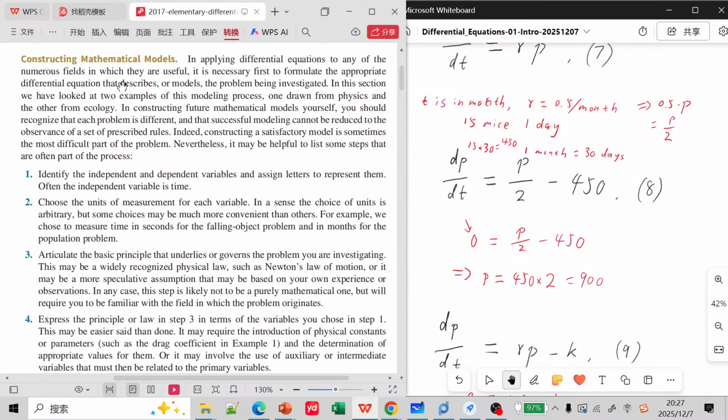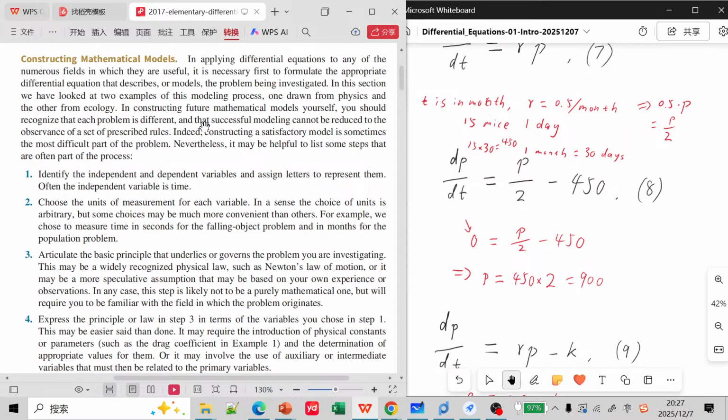Next, constructing mathematical models in applying differential equations to any of the numerous fields in which they are useful. It is necessary first to formulate the appropriate differential equation that describes or models the problem being investigated. In this section, we have looked at two examples of this modeling process, one drawn from physics and the other from ecology.